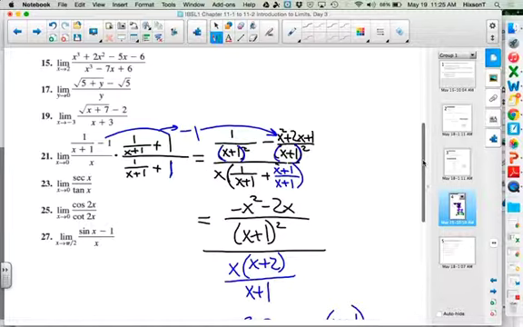By the way, one other thing that you can do, if you see something like this, it may have been a little bit more efficient. Let me erase some of this so you can see.